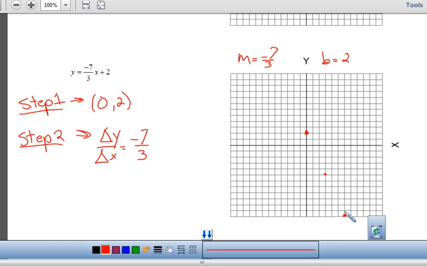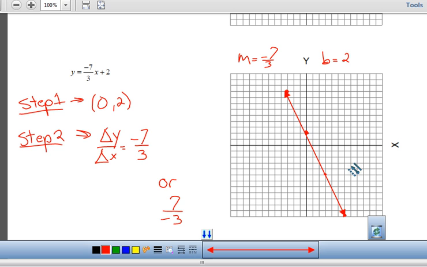Put that right there. If you want to go the opposite way, you can go 7 over negative 3. So that means I'm going to go up 7. 1, 2, 3, 4, 5, 6, 7, and then to the left 3. And I've got plenty of points to connect and make a nice straight line.